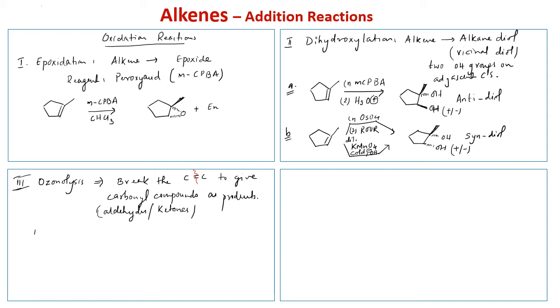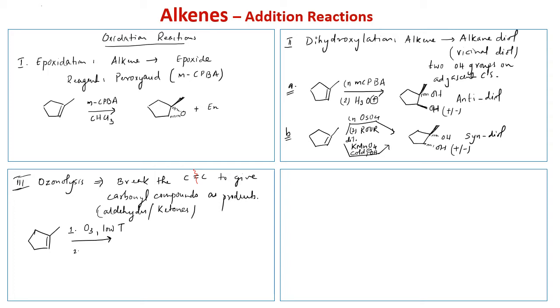Essentially, if we have the alkene, again, let me use the alkene that we've been using so far. If we take this and do an ozonolysis, this is done in two steps again. First is the reaction with ozone, and this reaction is done at low temperatures.